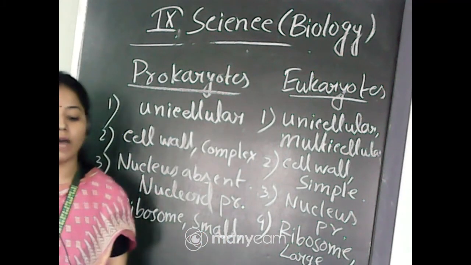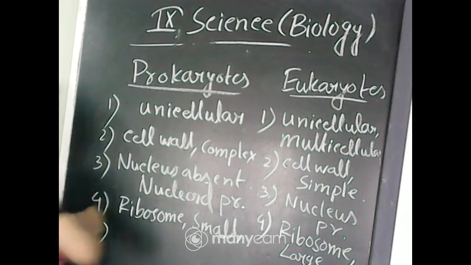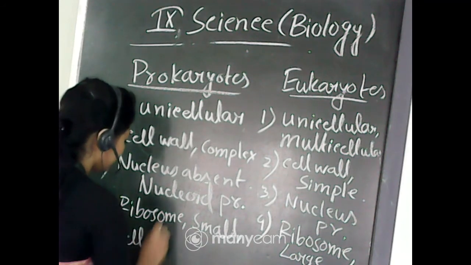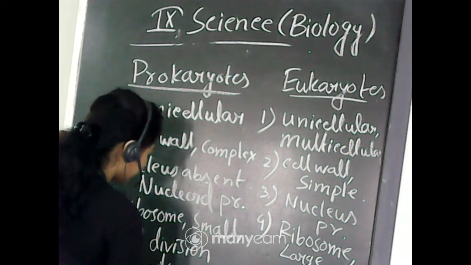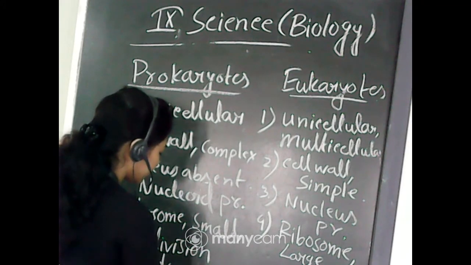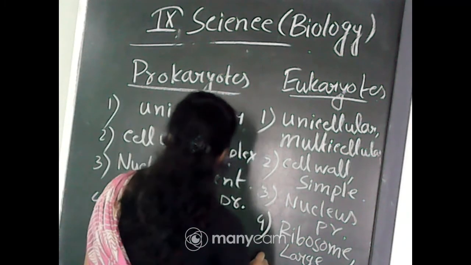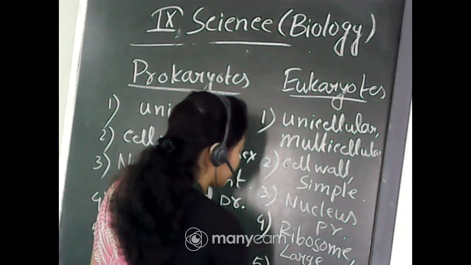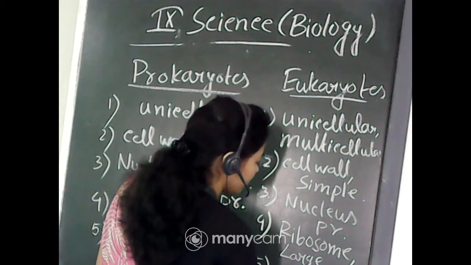Okay. Now cell division. Cell reproduction in prokaryotes takes place by binary fission. Now, cell division in eukaryotes, how does it take place? Through mitosis. Now what is mitosis?